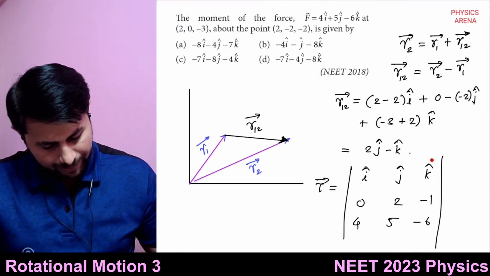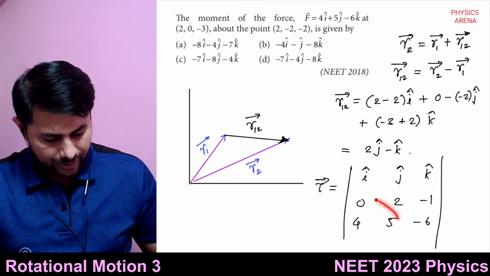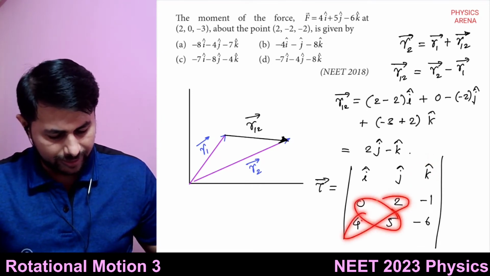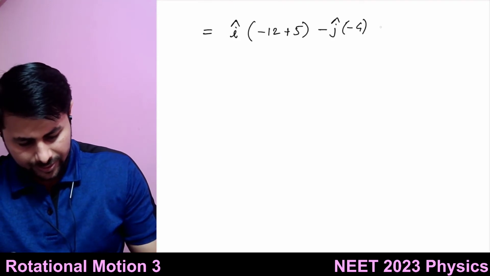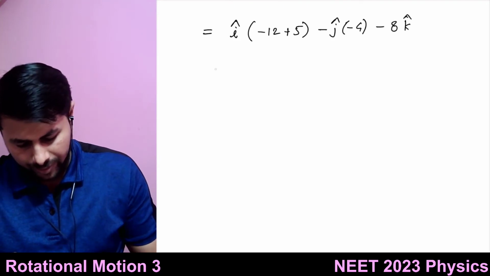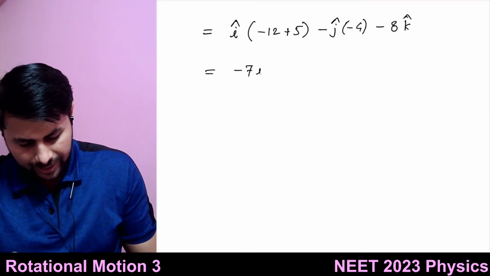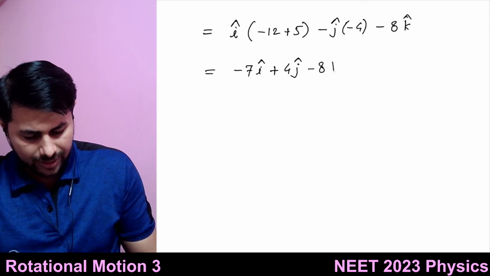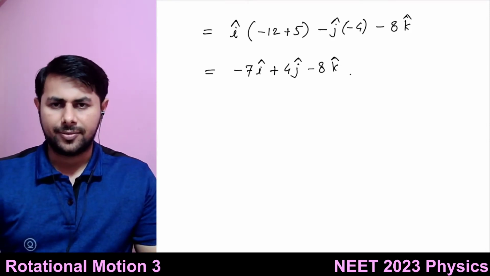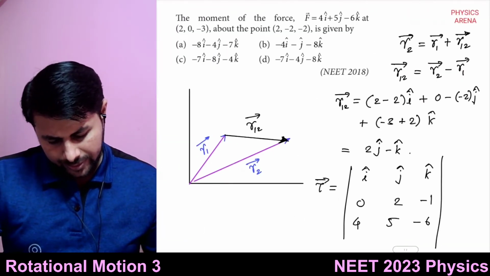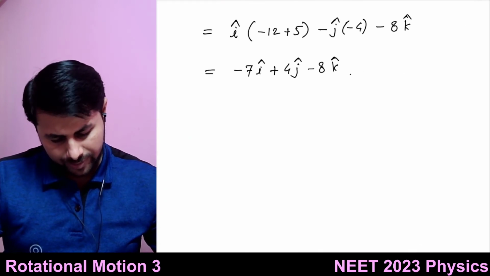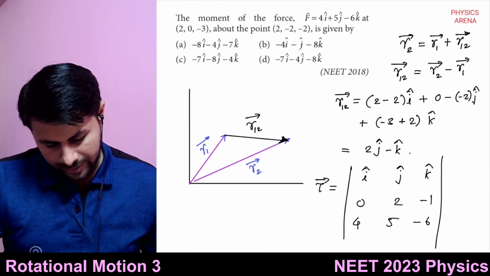And then k cap multiplied by 0 times 5 minus 4 times 2, which is minus 8 k cap. So it is minus 7 i cap plus 4 j cap minus 8 k cap. This is the answer.